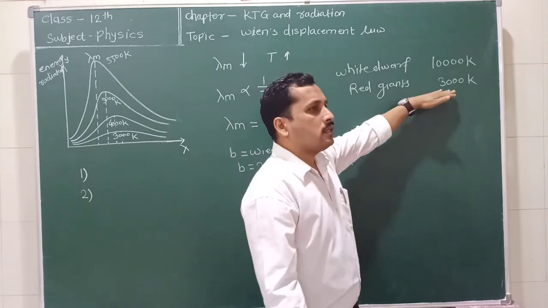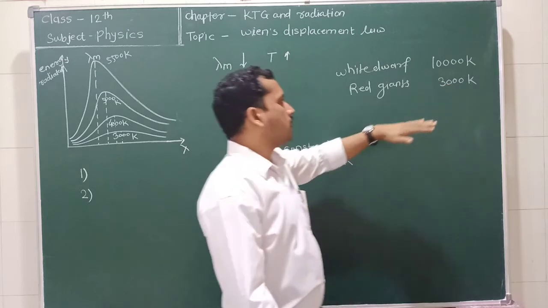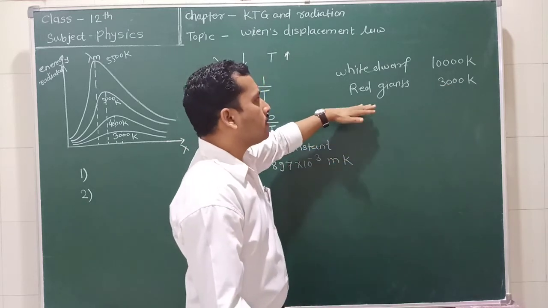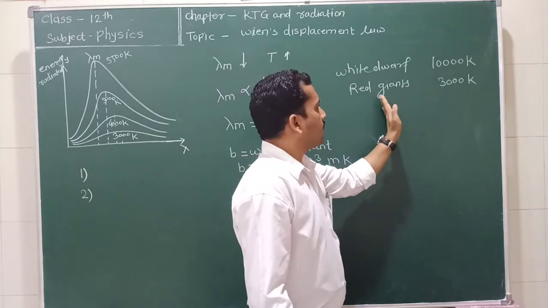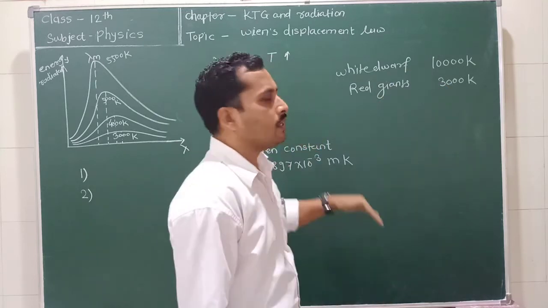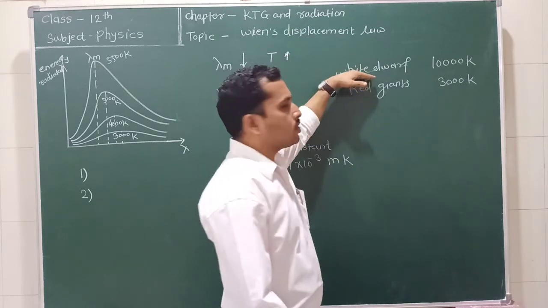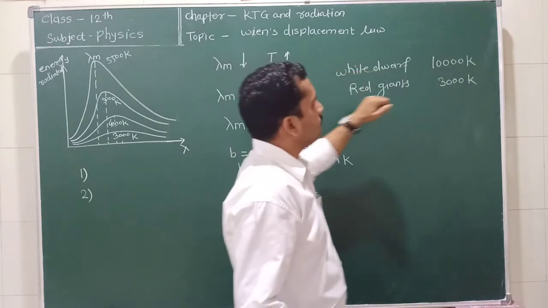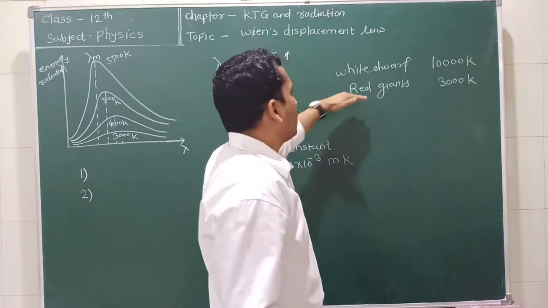At lower temperatures, the color emitted by astronomical bodies is red. But as the temperature goes on increasing, the color changes and it becomes white, which is the mixture of all colors. So as the temperature increases, the wavelength decreases.